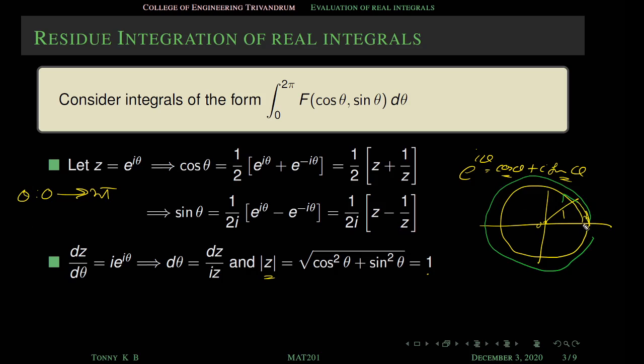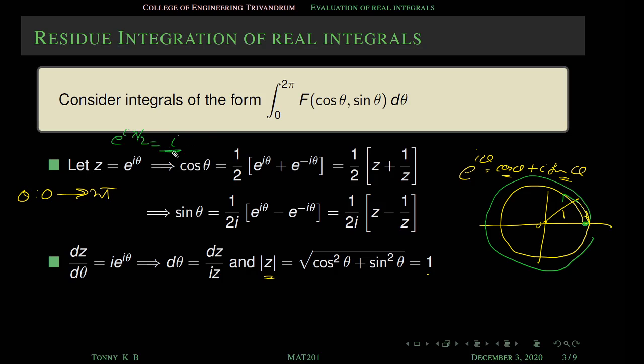Okay, so whenever theta equal to 0, this is 1. So z equal to 1, this point. Similarly, if theta is increasing, suppose theta equal to pi by 2, that is e raised to i pi by 2. What is e raised to i pi by 2? Cos pi by 2 plus i sin pi by 2. We know that cos pi by 2 equal to 0 and sin pi by 2 equal to 1.